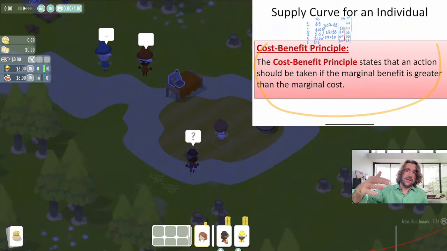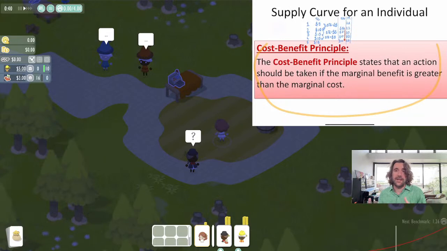So try with 1 blueberry, 2 blueberries, 3 blueberries, and compare. Every time you want to increase production by 1, compare the marginal benefit and the marginal cost. And if the marginal benefit is higher, then go for it. Produce. But there's going to be a point where producing more and more is just going to get so costly for the firm that it's better not to do it.